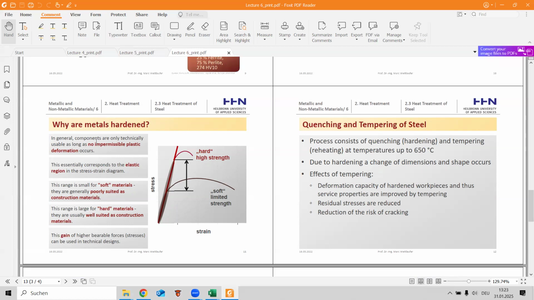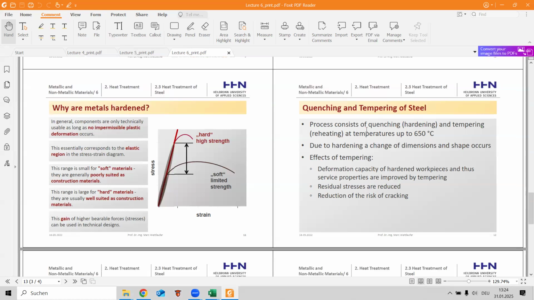The range is large for hard materials. They're usually well suited as construction materials. This gain of higher variable force stresses can be used in technical design. So here we have stress and strain as axes. So for hard materials we have high strength, and soft we have limited strength.